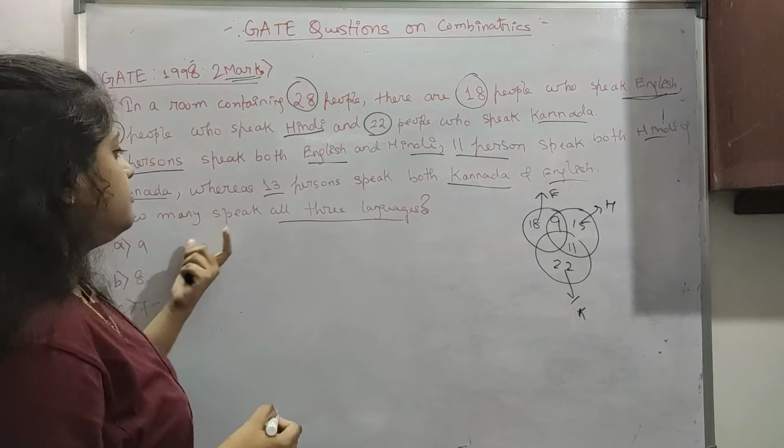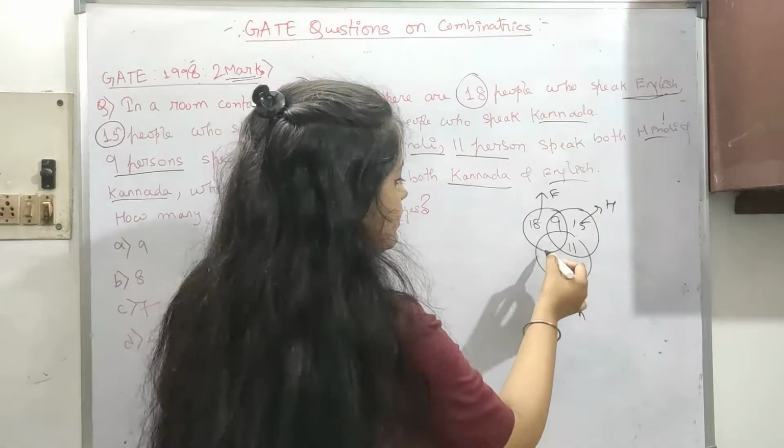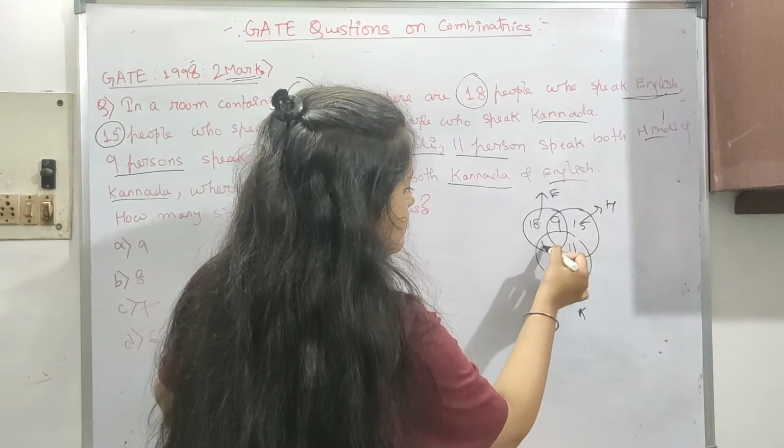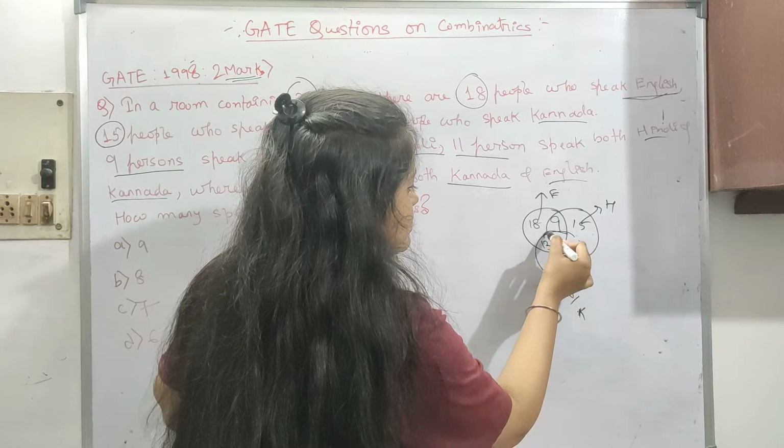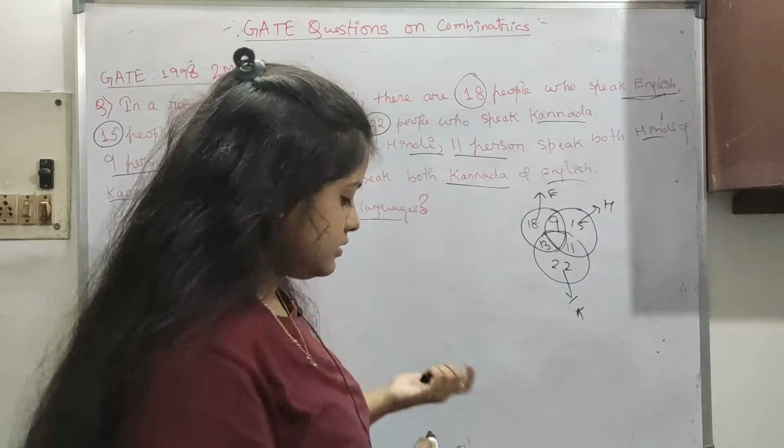And lastly 13 people can speak Kannada and English. The question asked is this part.